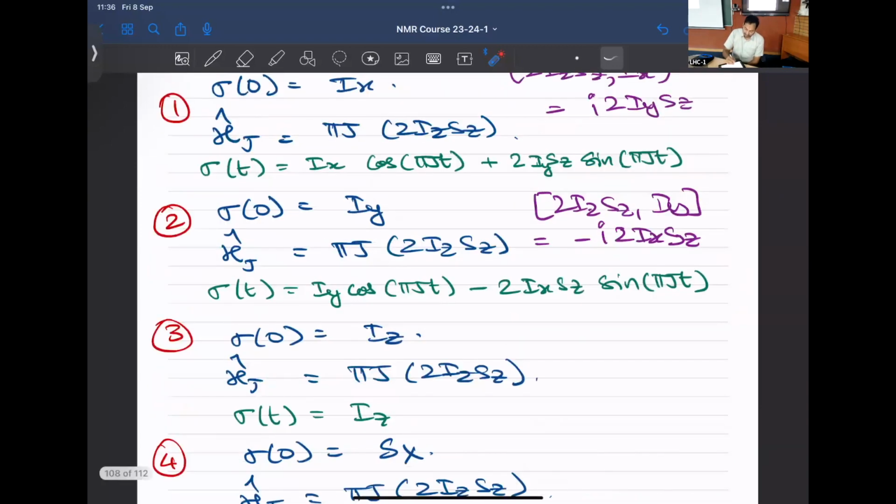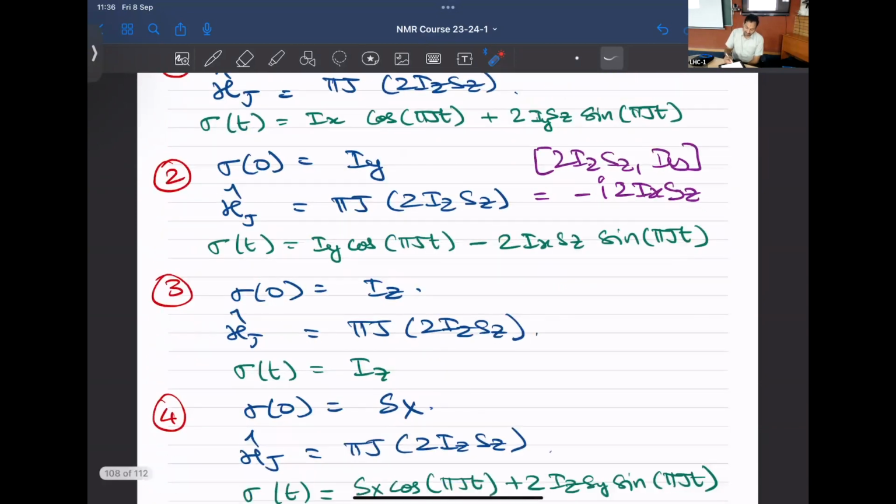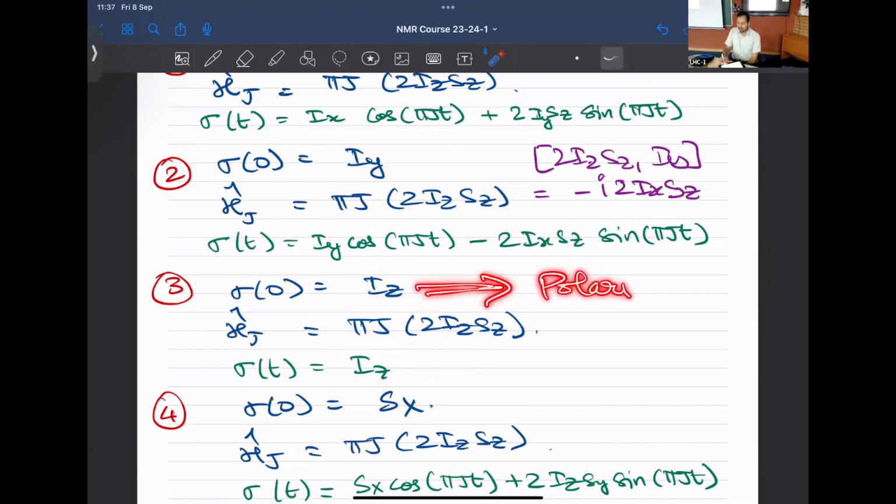For instance, you started with Ix and you realize that a t term started to creep in. So that's called evolution. But if you take the Iz term, you realize that you still have Iz and there is no t dependence. So that implies polarization does not evolve with weak scalar coupling.